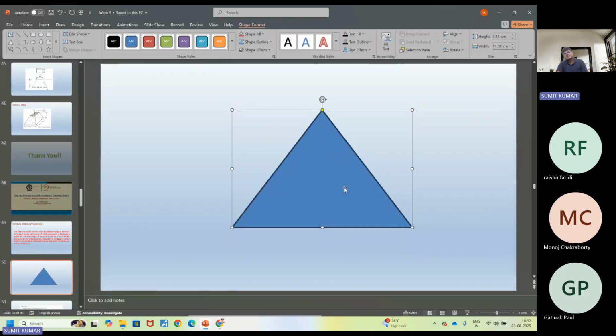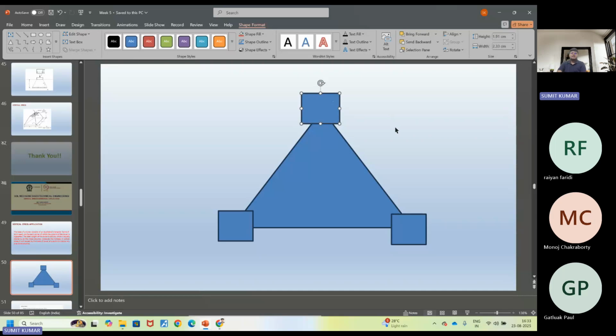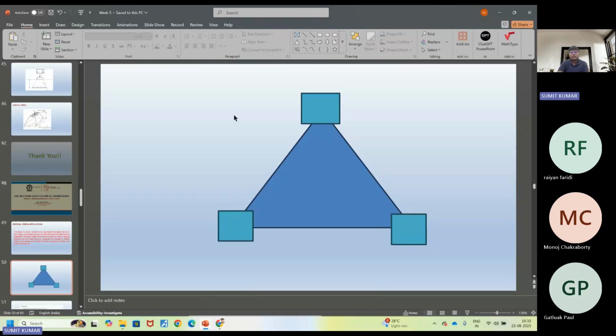See, like this, the load is applied at all the three columns. Okay, so the load is applied at all these three columns, right? And we have first calculated its impact just below this one.